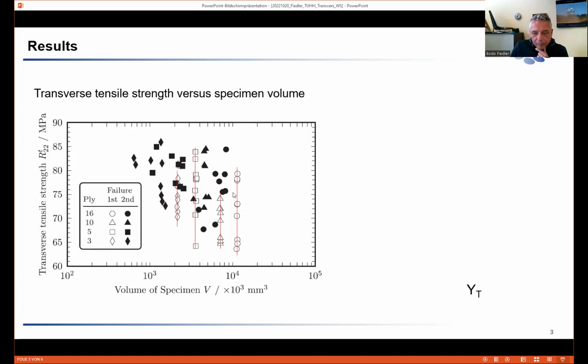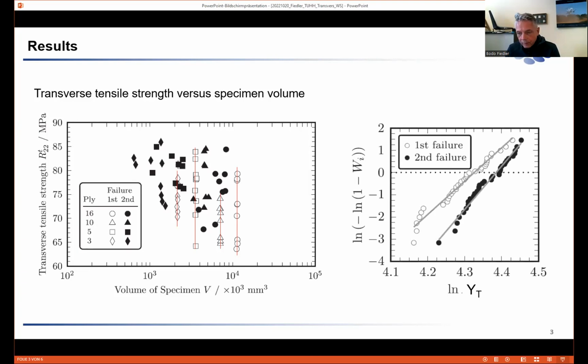Then the black filled symbols represent the strength values obtained from the second test on the remaining larger parts. And then we also plot the Weibull plot for both first failure and second failure for all specimens. I have not plotted the Weibull modulus, but I think it was in a very similar range, 16, 14, something like that.